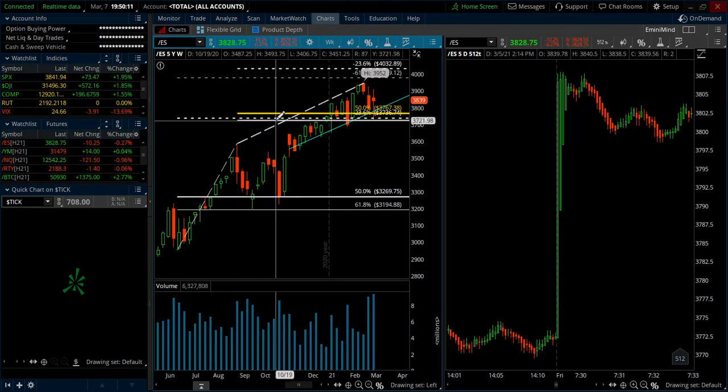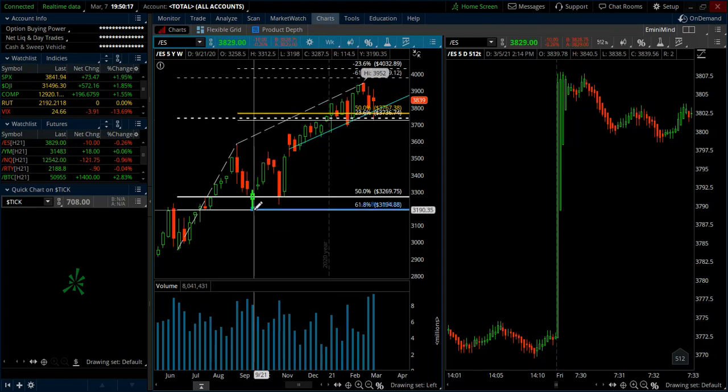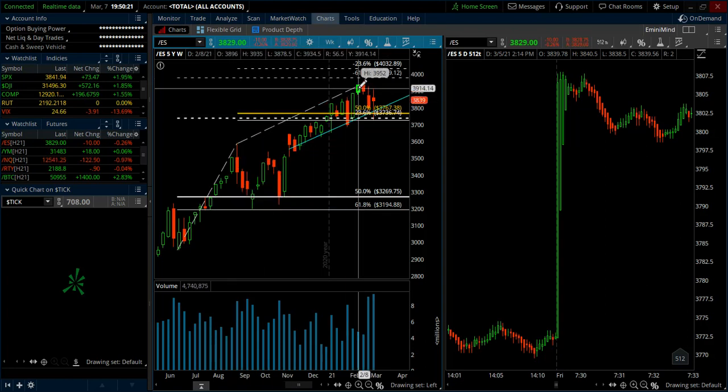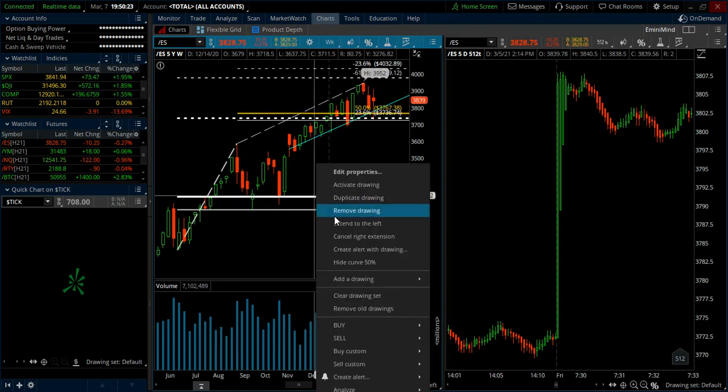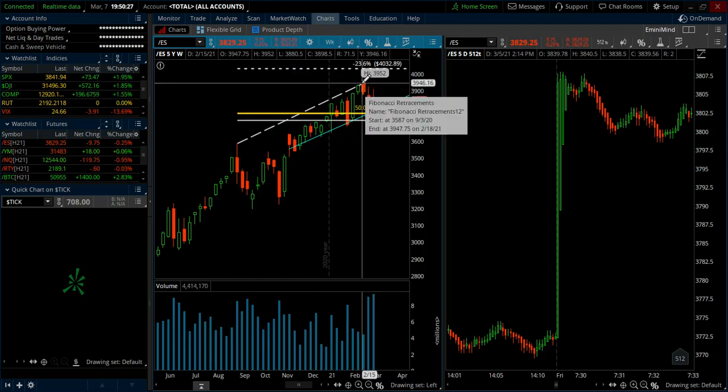And so when we go through the negative 23% target, that's when I draw, instead of drawing from low to high, that's when I'll draw from high to high.